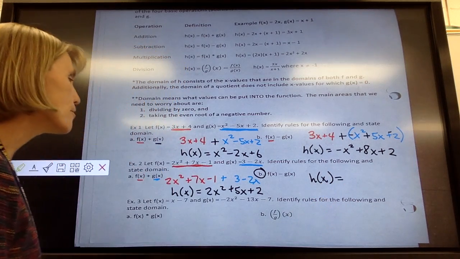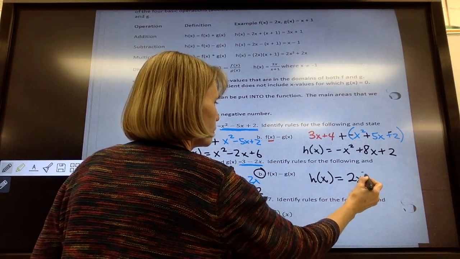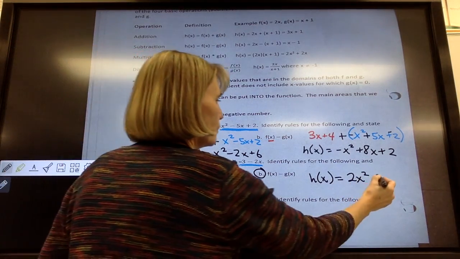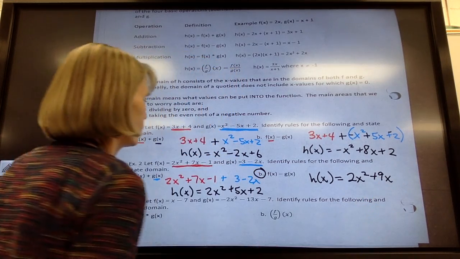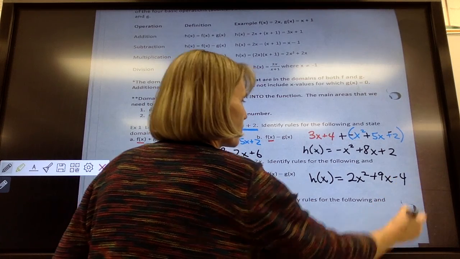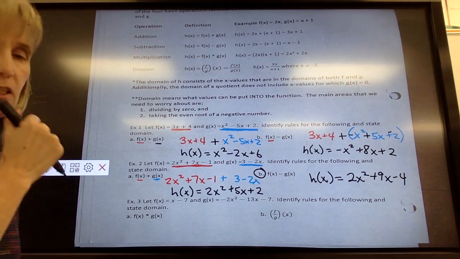Okay, I think you should get h of x is equal to 2x squared plus 9x minus 4.